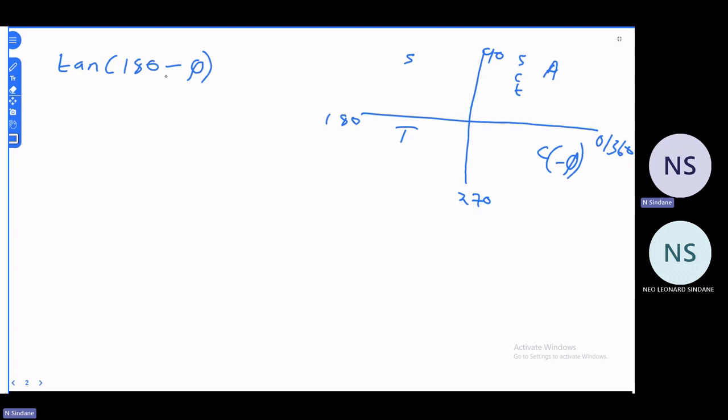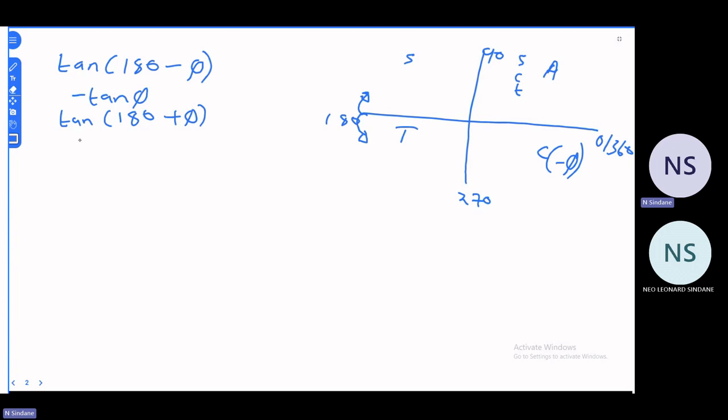Now, when you say tan 180 minus theta, coming to this quadrant, which is the second quadrant, and in the second quadrant, only sine is positive. Therefore, your tan should be negative tan, right? Then, when you're saying tan of 180 plus theta, you're coming to this quadrant, where tan is positive.